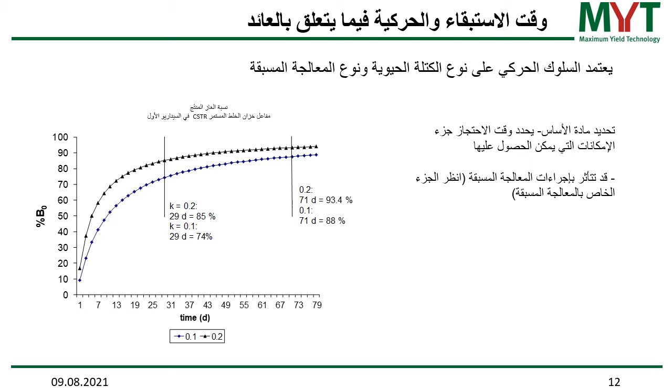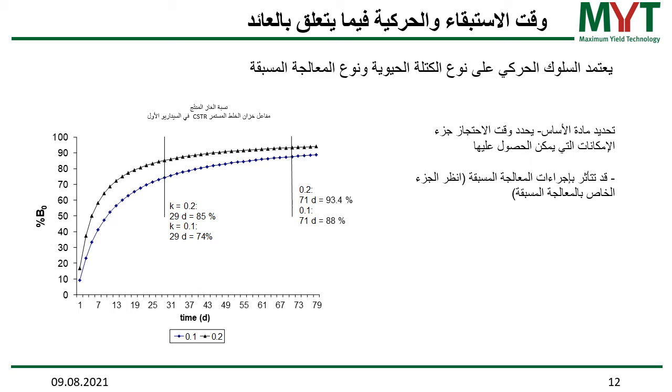And you can see after 29 days retention time, you obtain, in case of k value of 0.1, approximately 74%. In the case of k value of 0.2, 85% of your substrate gas potential.